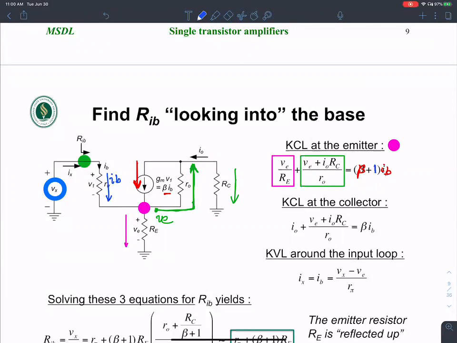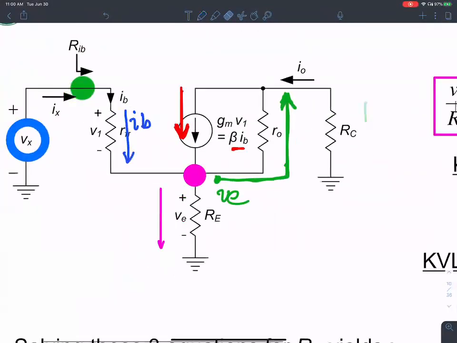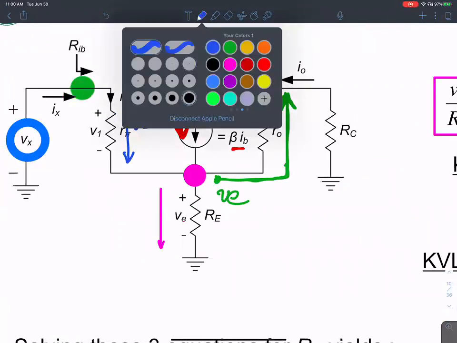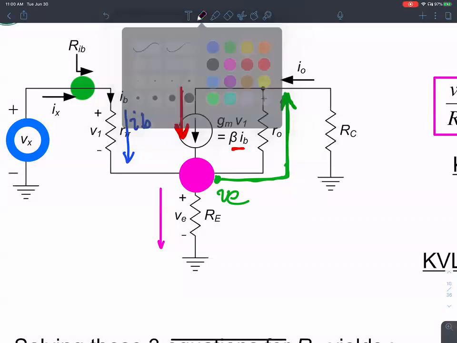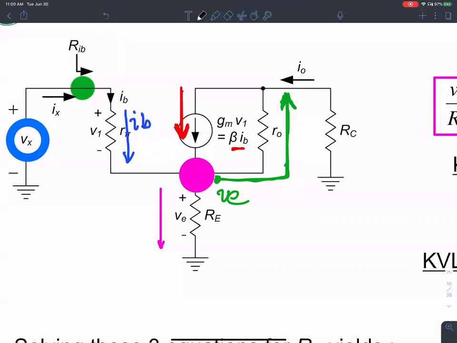All I have done is to look at all the currents at the purple node here. At the purple node, there are four different branch currents. I added the currents leaving and the currents entering. The currents leaving are the purple current flowing down and the green current flowing up.